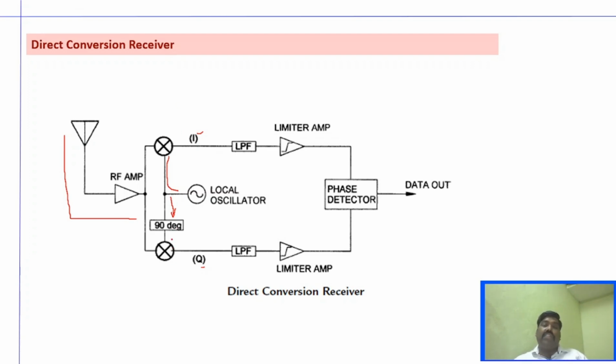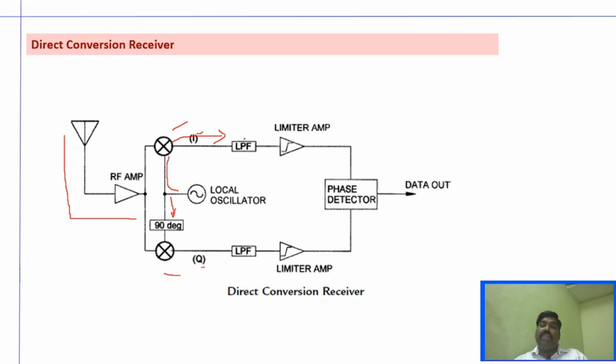So these two signals will have a 90-degree phase shift, and the signal here and here will have a phase shift between them. After mixing, these signals are sent to the low pass filter, which will remove all the unwanted frequencies and select only the appropriate frequency.